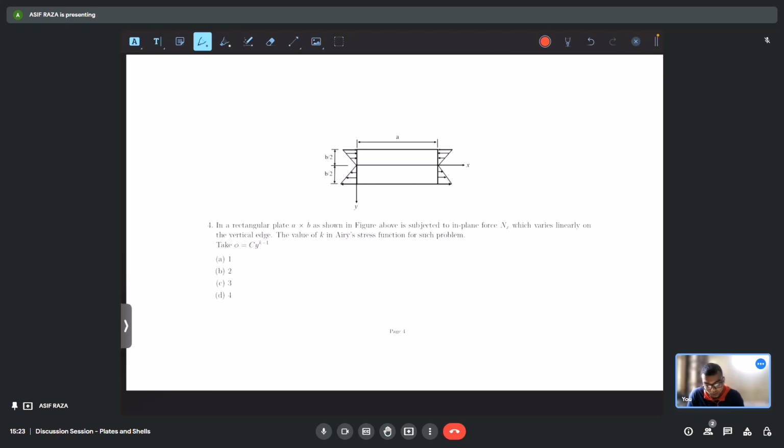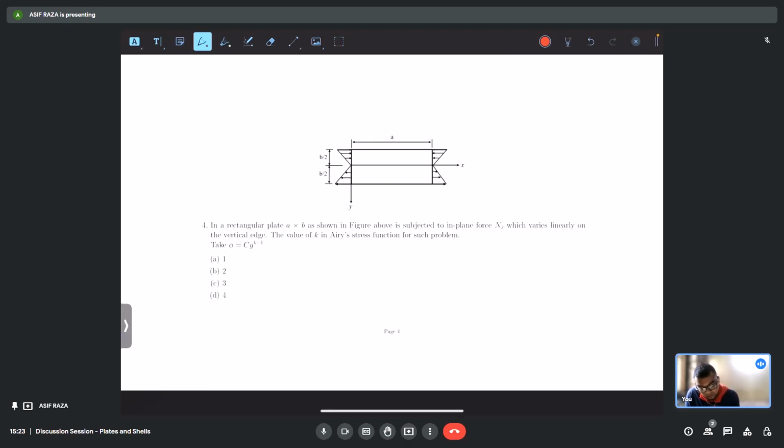Okay, so a rectangular plate a by b, as shown in the figure above, is subjected to in-plane force Nx, which varies linearly on the vertical edge. The value of k in the Airy stress function for such a problem would be: we are given the Airy stress function as this. So what would be the value of k here? We know Nx is equal to sigma x times h, correct?